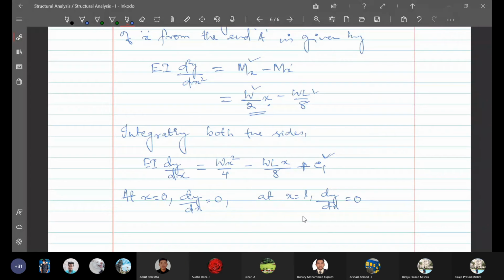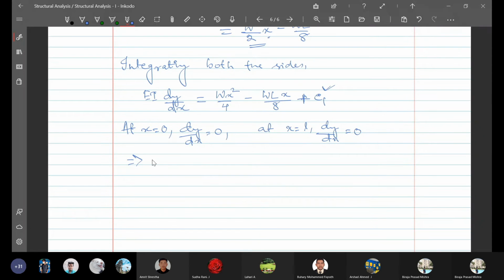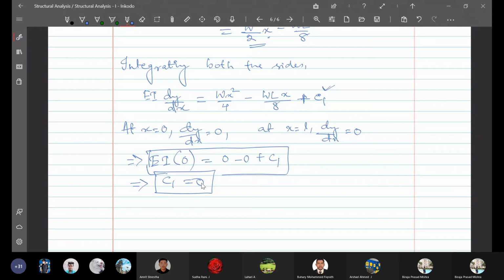Right? So if that is the case, at x equals 0, EI into dy by dx is 0 equals 0 minus 0 plus C1. Can I say this implies C1 equals 0?